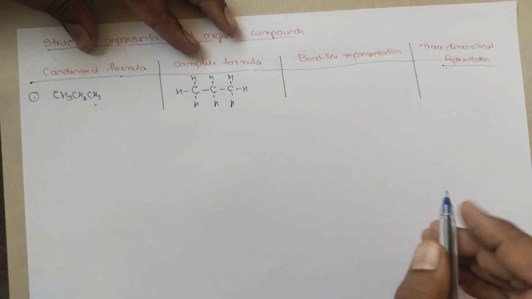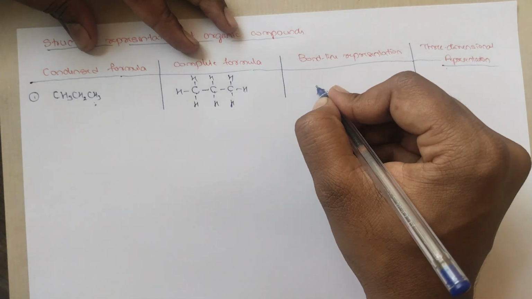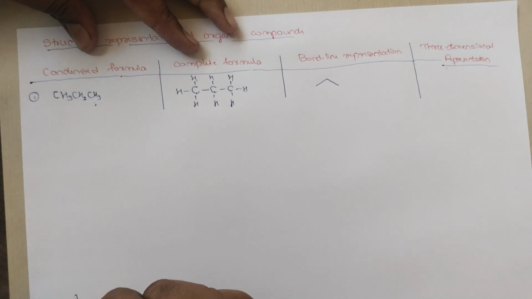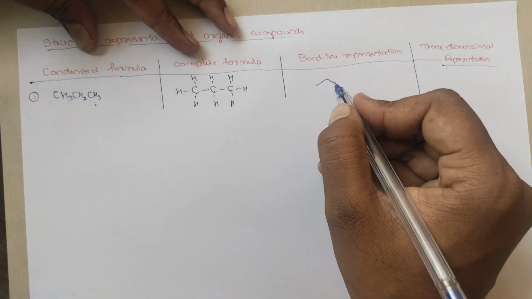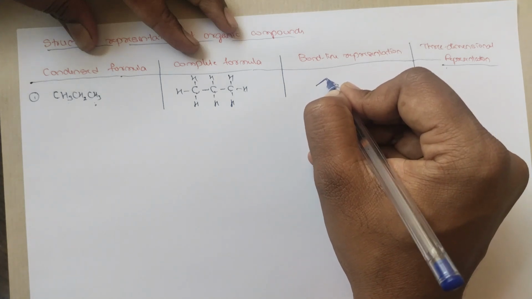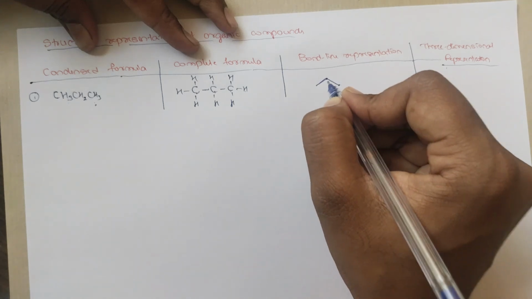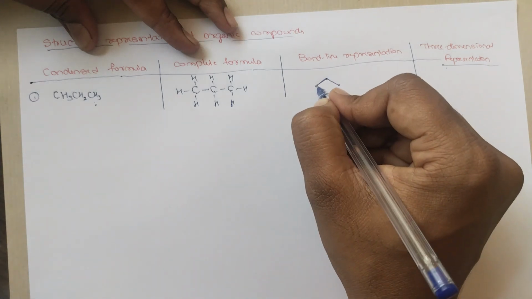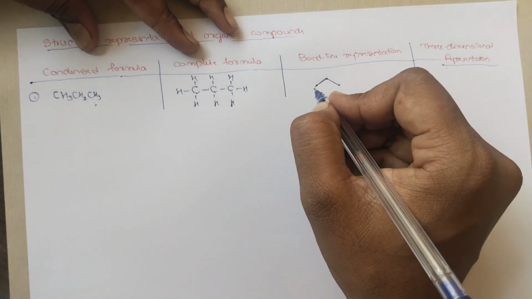Then how can we write the bond line structure? There we just show the lines. Here we do not write the carbon and hydrogen. The meaning of each vertex is that there is a carbon. So there are 3 carbons and the valency of carbon is 4.